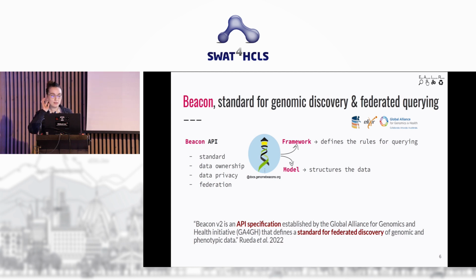We really liked this solution because it provided a standard, it was mindful of data ownership and privacy, and it also provided a model which helped us structure our data and a framework that guided us towards questions that we could or could not ask our data set.